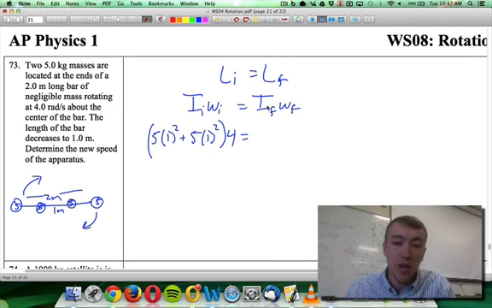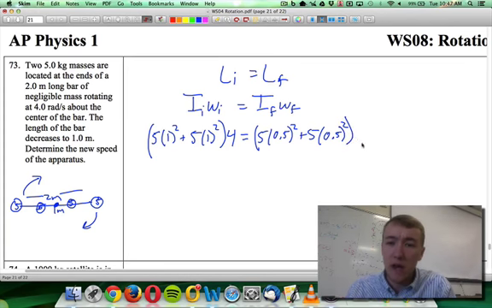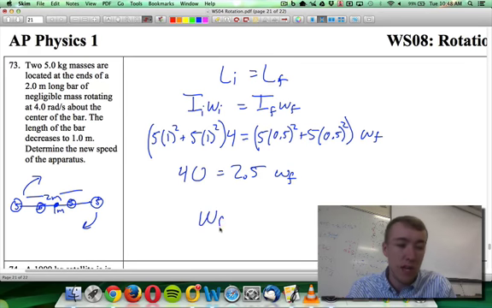The final angular velocity, if this is our axis of rotation here, each of these are a half a meter away. So this 5-kilogram mass is a half a meter away. This 5-kilogram mass is a half a meter away. And we're finding this final angular velocity. Work all this out, you get 40 equals 2.5 times the angular velocity. You get an angular velocity of 16 radians per second.